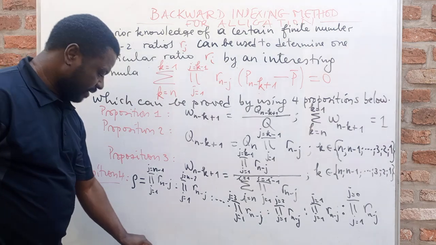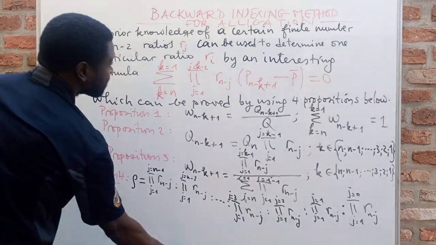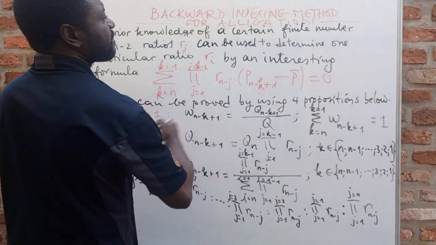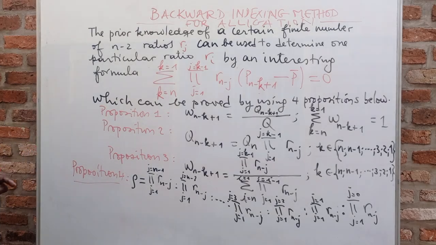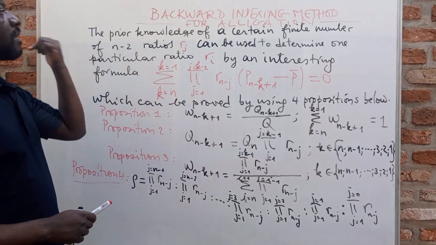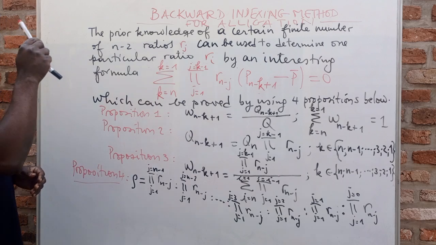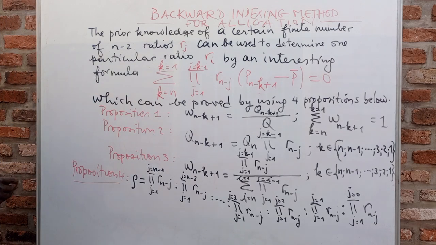Okay, so hello again. This is a backward indexing method for alligation, as compared to the forward indexing method for alligation last time.